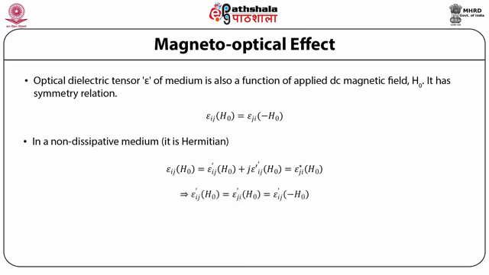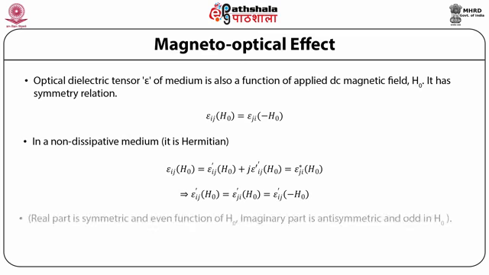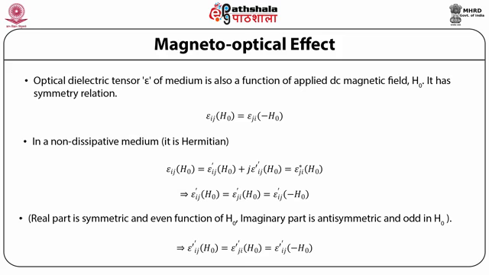This implies ε_ij'(H0) equal to ε_ji'(H0) equal to ε_ij'(−H0). That is, the real part is symmetric and an even function of H0. The imaginary part is antisymmetric and odd in H0. So this implies ε_ij''(H0) equal to −ε_ji''(H0) equal to ε_ij''(−H0).